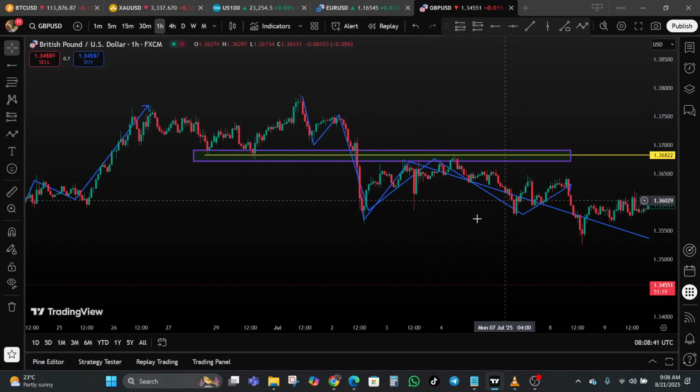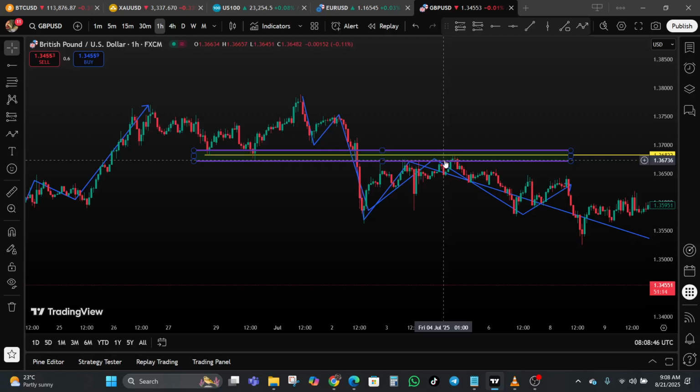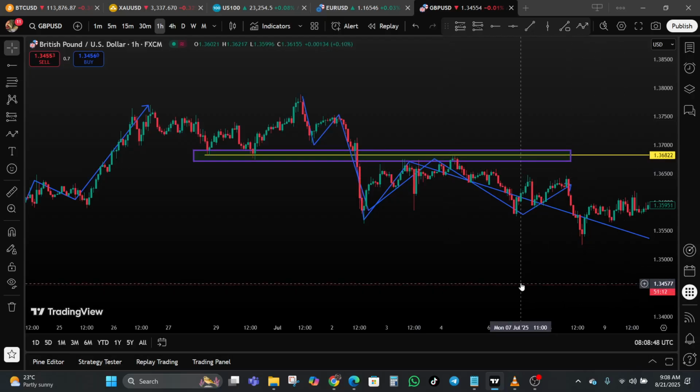Then you wait for the price to return to the block. You watch for continuation in the direction of the original move. This approach keeps you focused on high quality setups and avoids the noise of smaller, weaker moves.